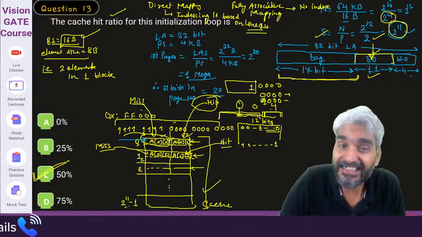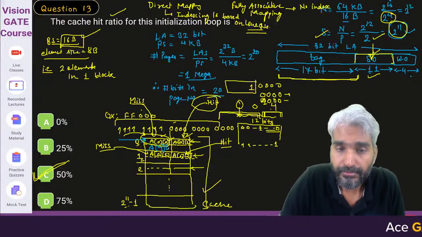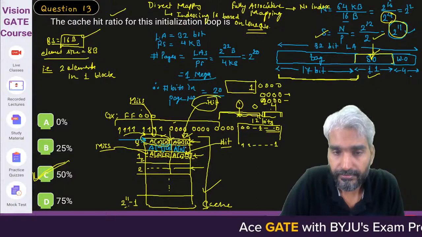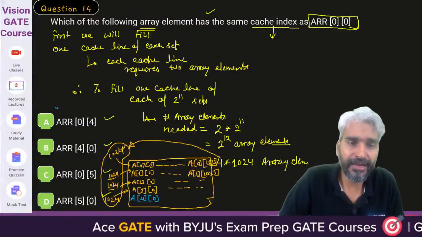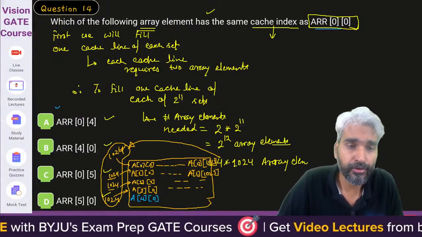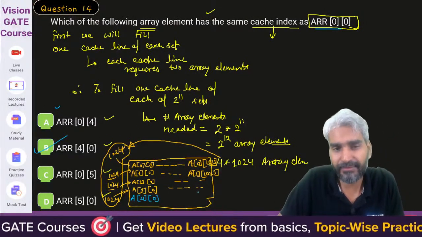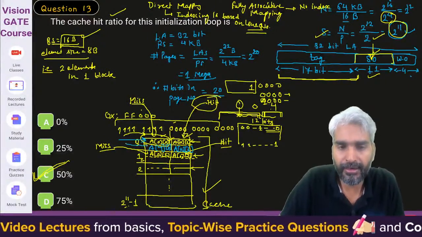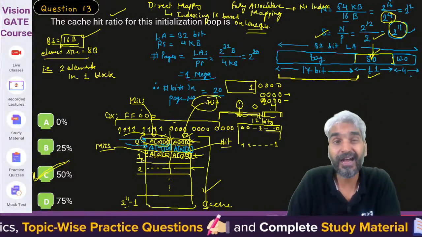In this second cache line of set 0, you will store A40 and A41. Got the idea? So which of these elements will have the same set offset as A00? A40, along with A41, because both the elements A40 and A41 are in the same set.